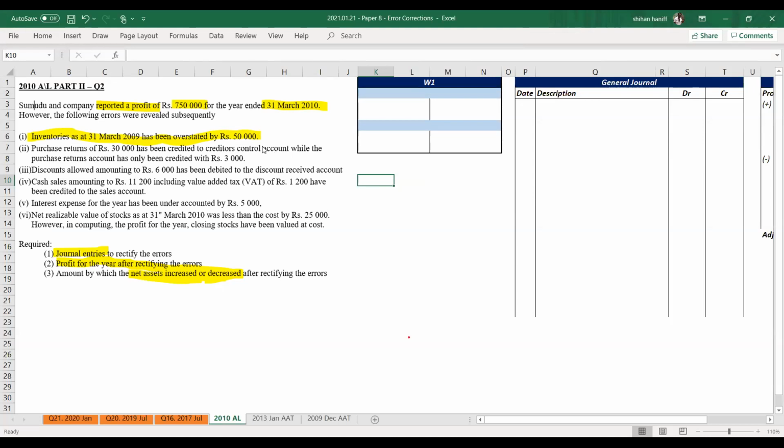That means in our inventory account the balance is more. So we have to credit the inventory account. Inventory account will be credited 50,000.